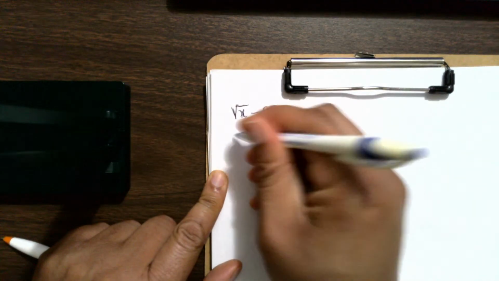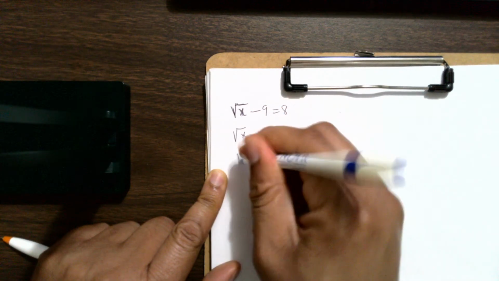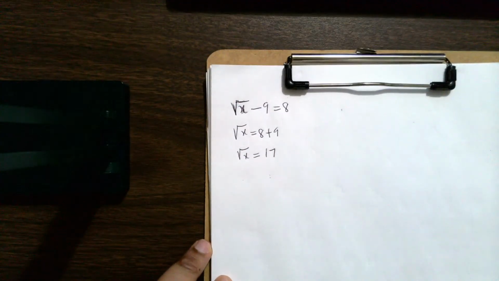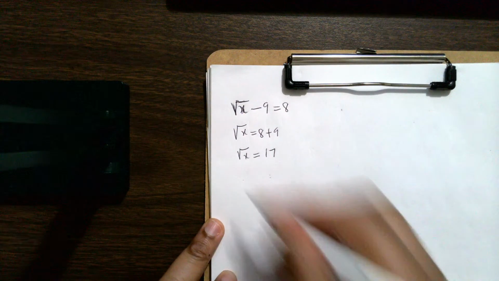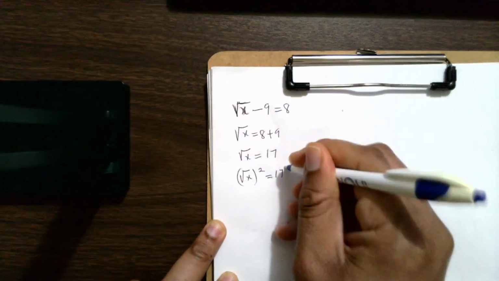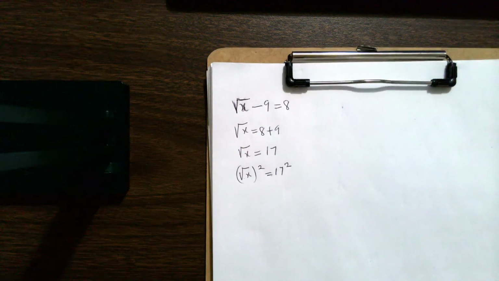So we have that the square root of x will be 8 plus 9, so the square root of x is 17. Then you square both sides so that you can get rid of the square root radical.